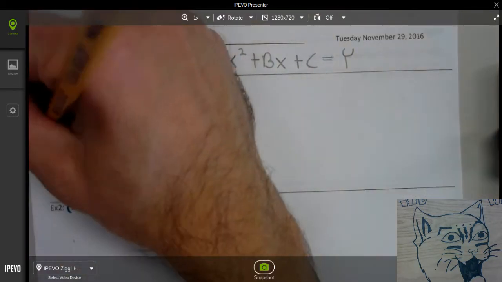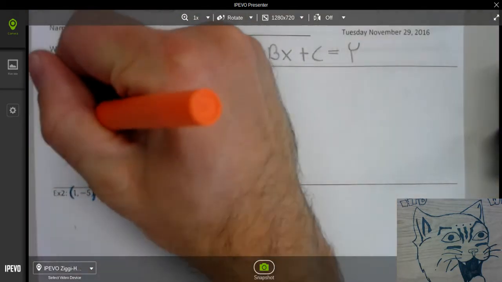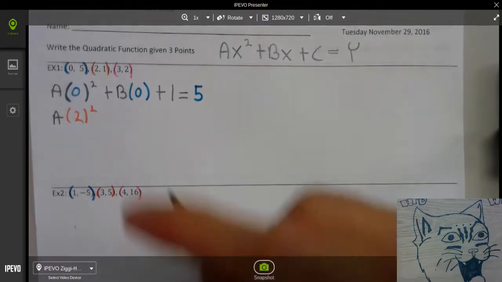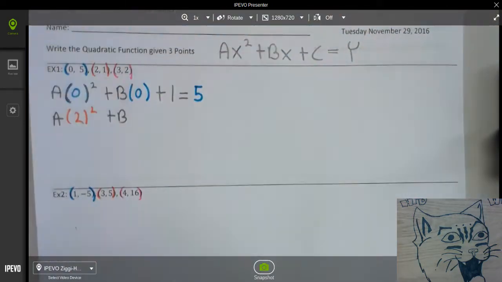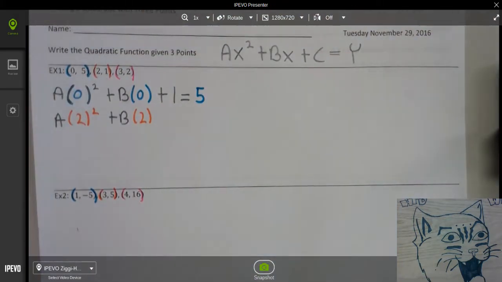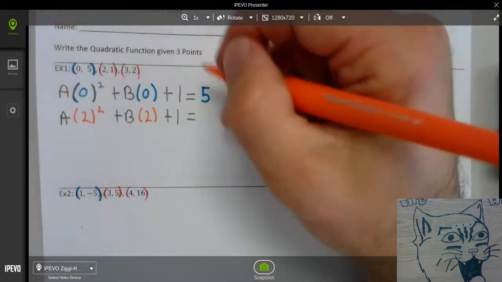Then we do a times 2 squared plus b times 2 plus 1 equals 1.